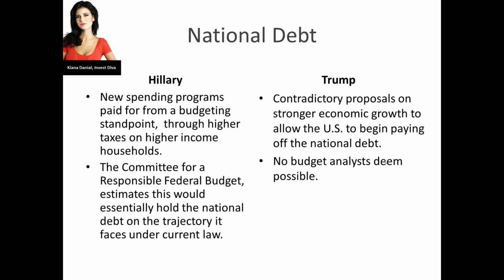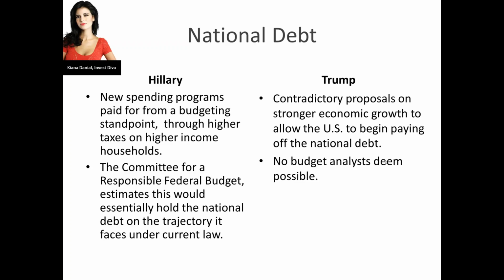And well, she hasn't exactly outlined specific steps to balance budgets, and she has, for the most part, ensured that new spending programs are paid for from a budgeting standpoint. These are usually through higher taxes on the higher income households that we talked about before.